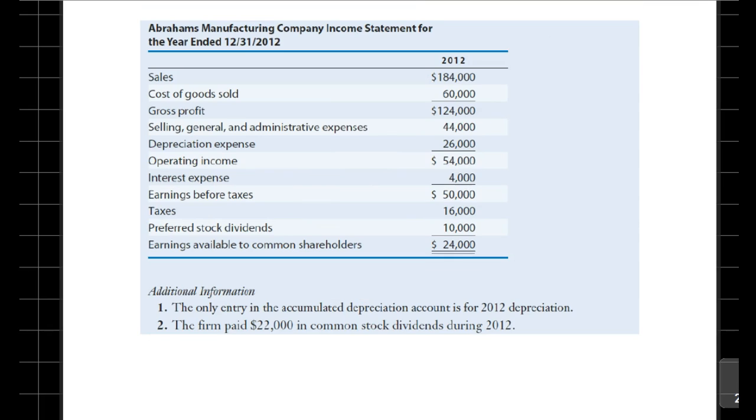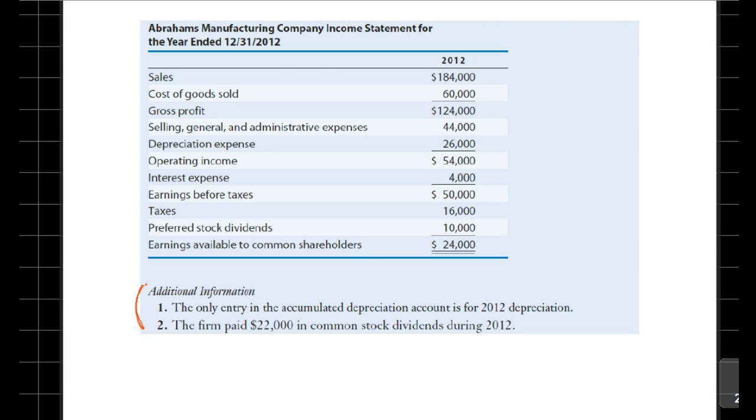We are also provided with the income statement as of the end of year 2012. This is the revenue and expense items throughout fiscal year 2012. And there is also some additional information provided that we might consider using if need arises.